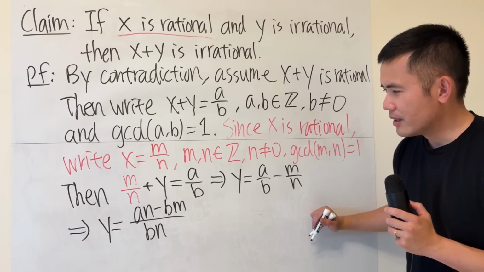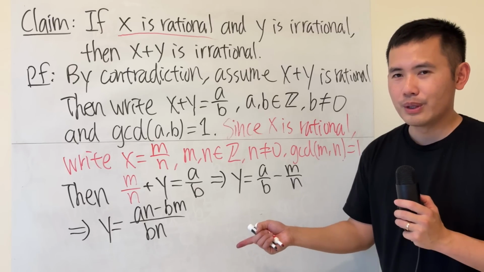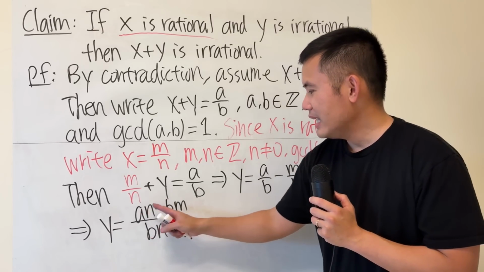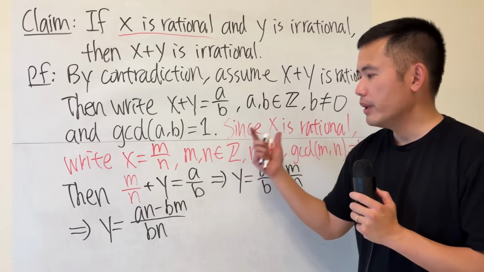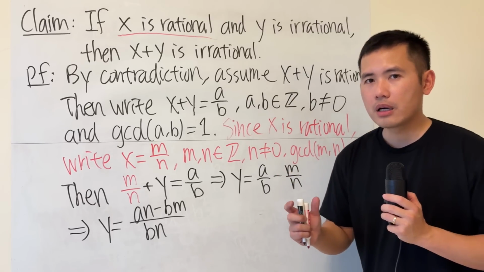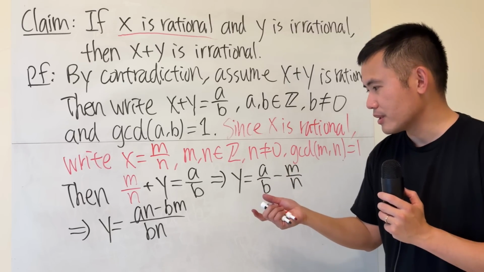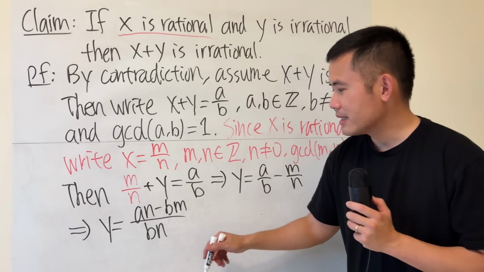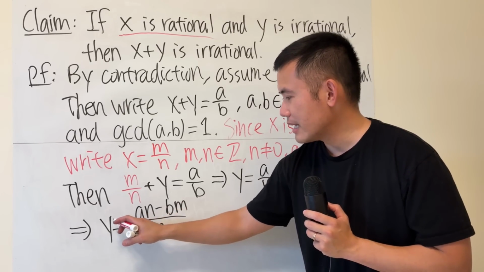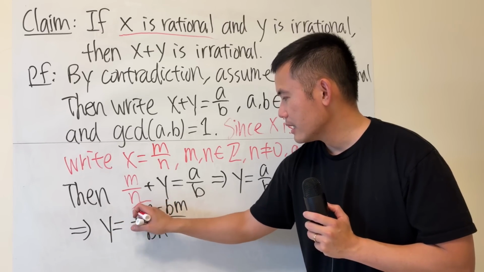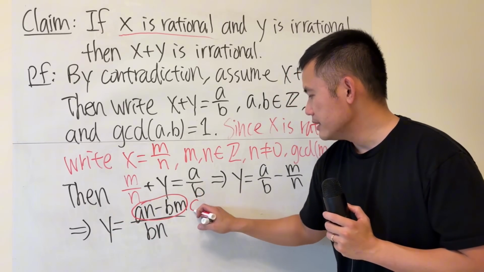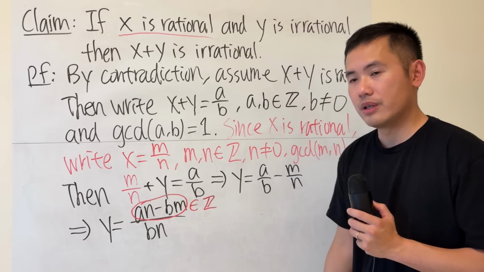Now, what's wrong with that though? Here's the deal. a, b, m, and n, they are all integers. And integers are closed under multiplication and addition and subtraction, not division though. But what we are talking about here is that, notice that y, this part, this is an integer.